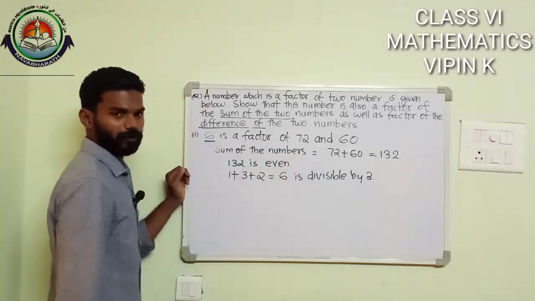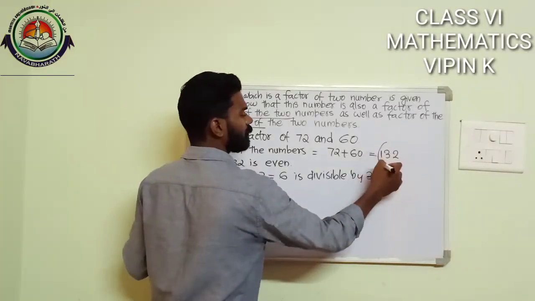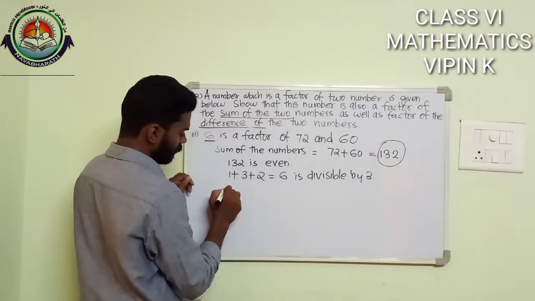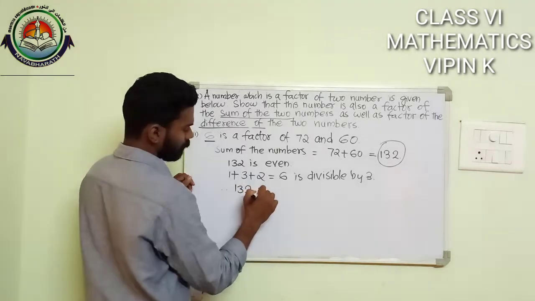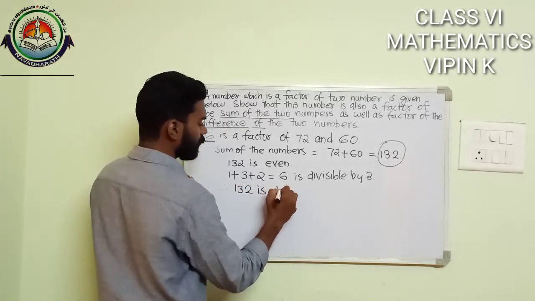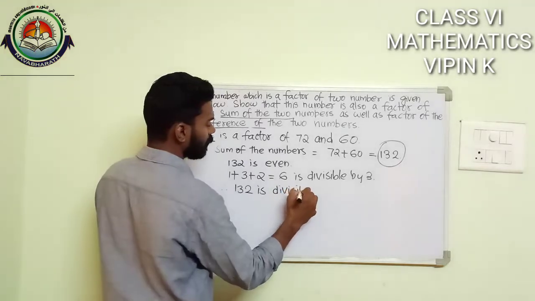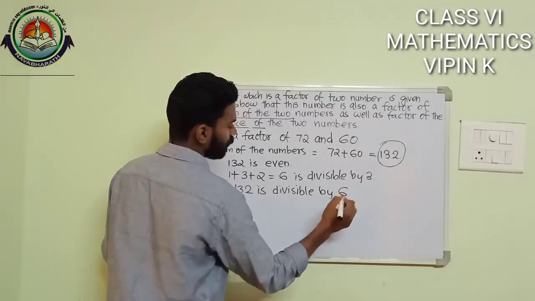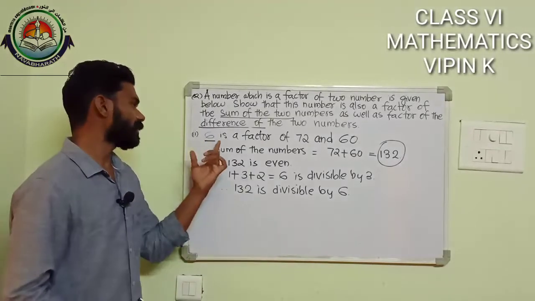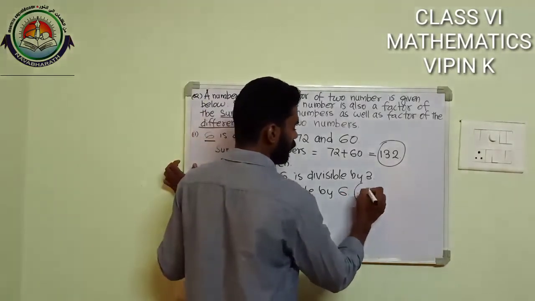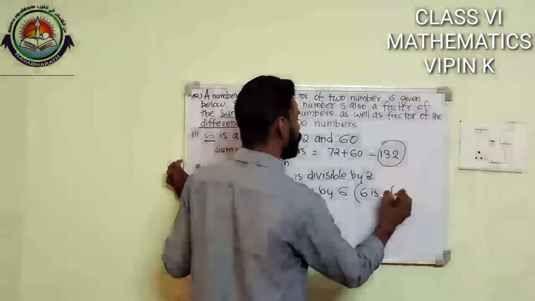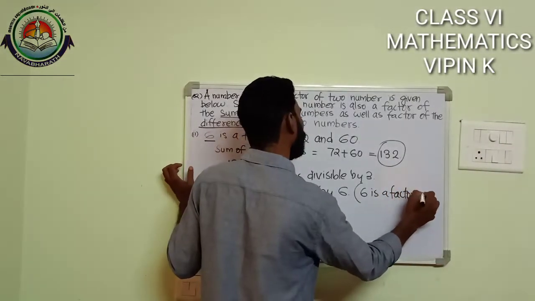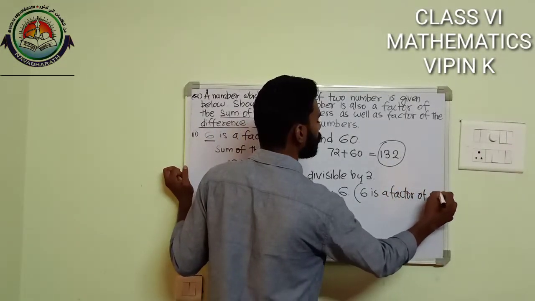So we can confirm that this number 132 is divisible by 6 also. Or we can say that 6 is a factor of 132.